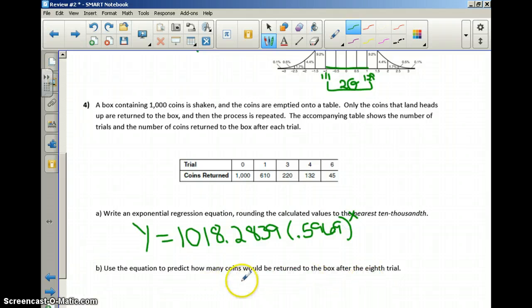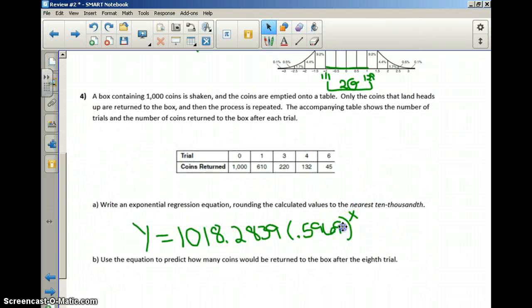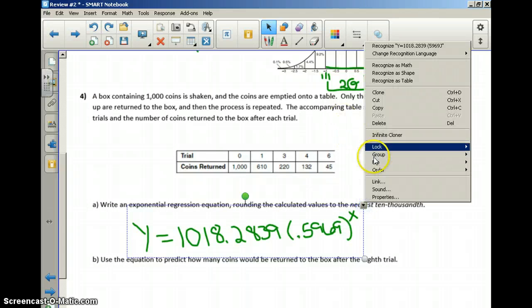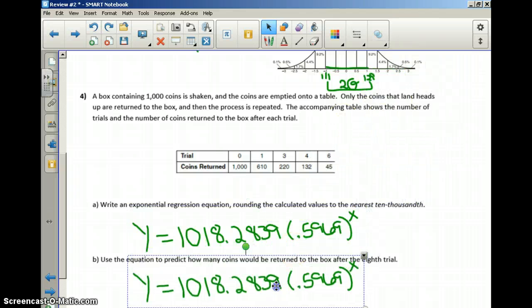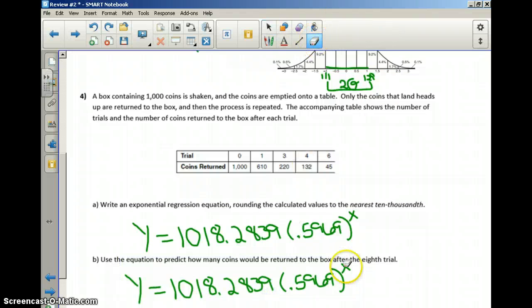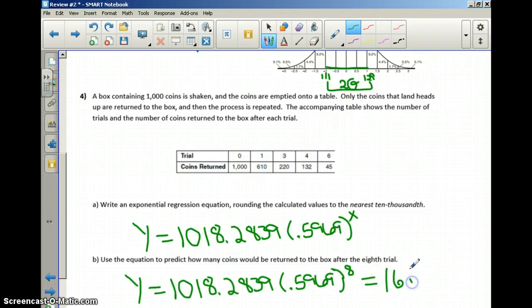The second part, now I want to take that same equation and put 8 in for x. So I'm going to cheat a little here and use the cloning feature. I am going to put the 8 up here and hit enter on my calculator, and I get 16.408977, and it goes on for a longer time.